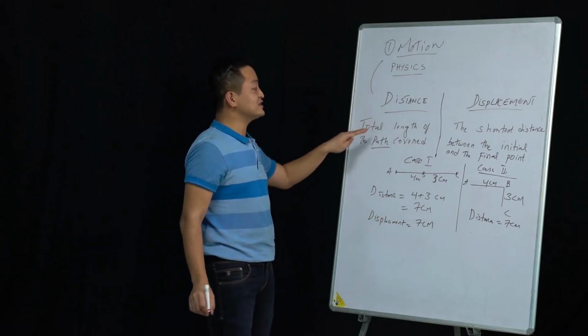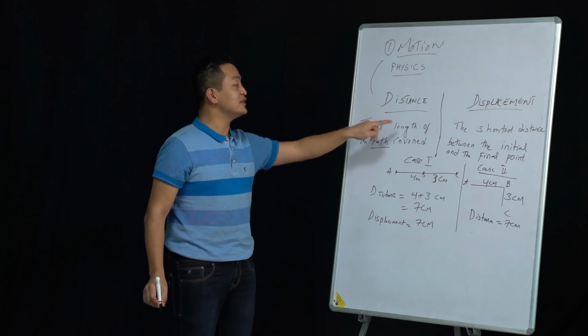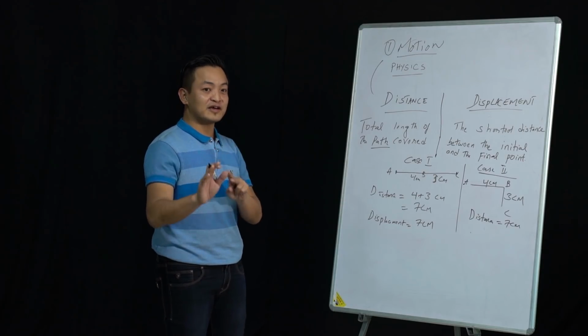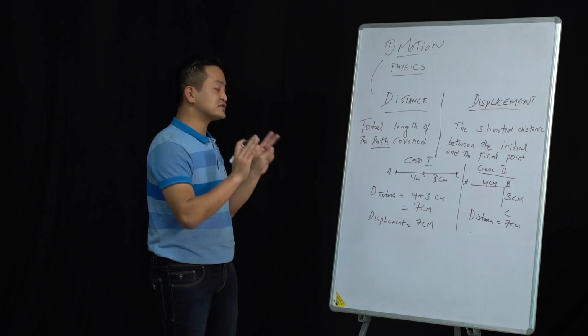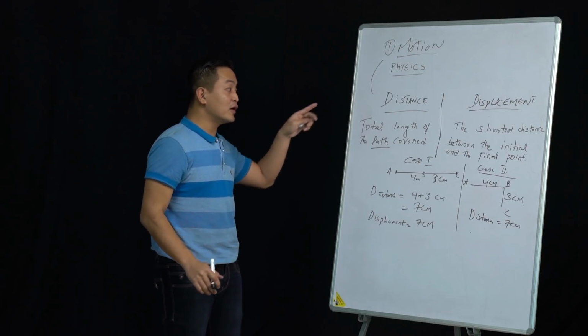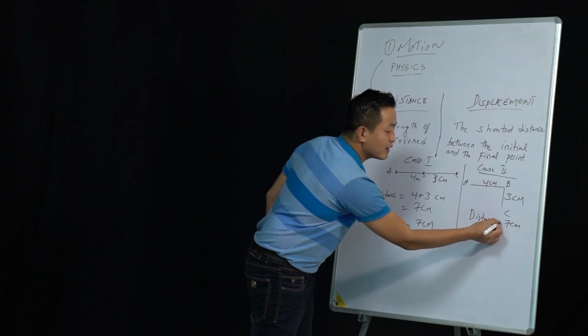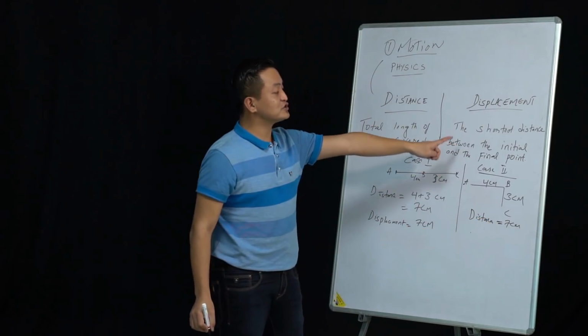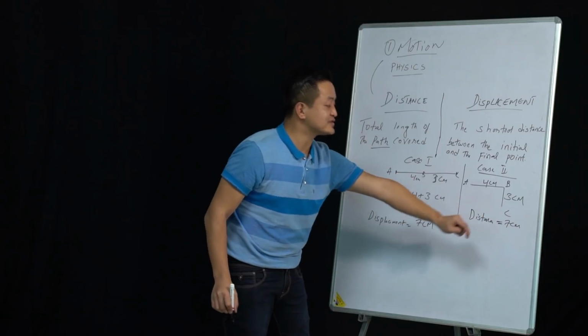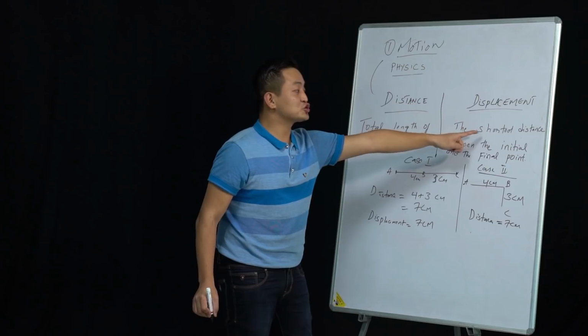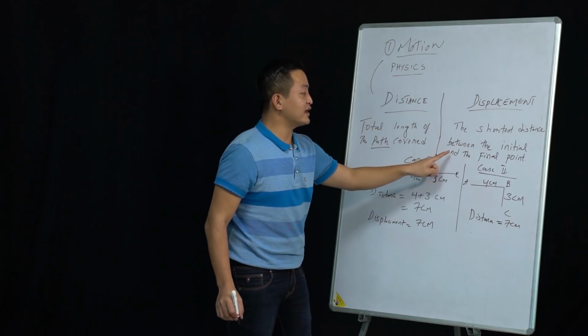Because from the definition, it is the total length of the path covered. That means we are not focusing on the direction. We are just concerned about the total length from our initial point till the final point. Now, what will be the shortest route to reach point C? The definition of displacement is the shortest distance between the initial and the final point.